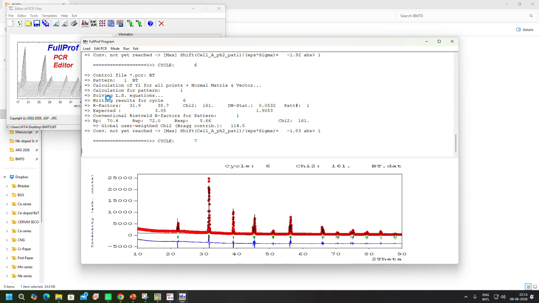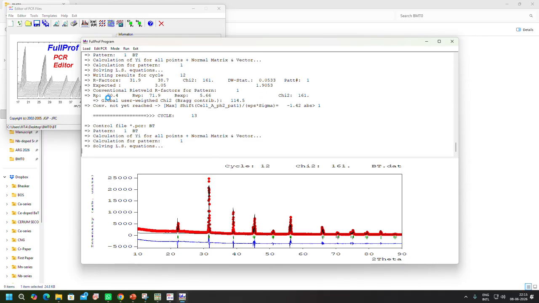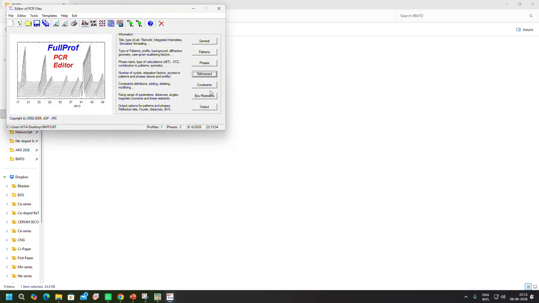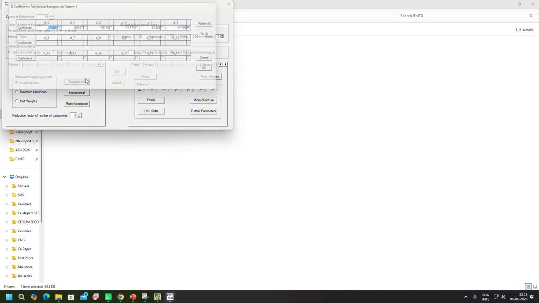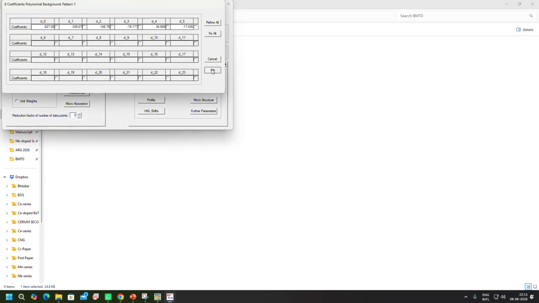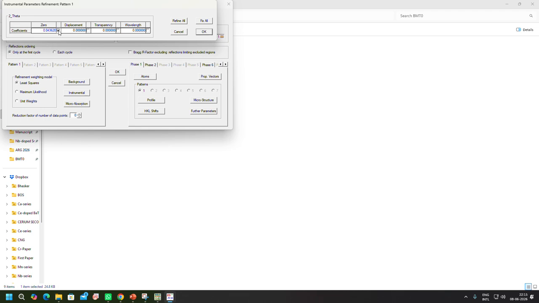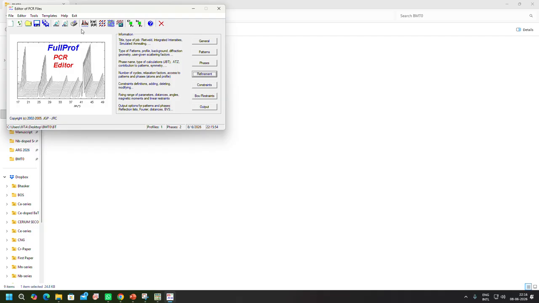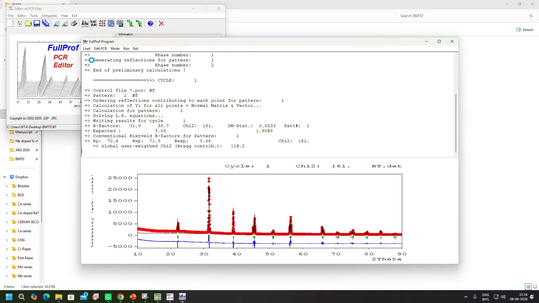and just try to run. So when it is completed for phase 1, your background, then after background you just refine using this displacement parameter, just save it and run it.